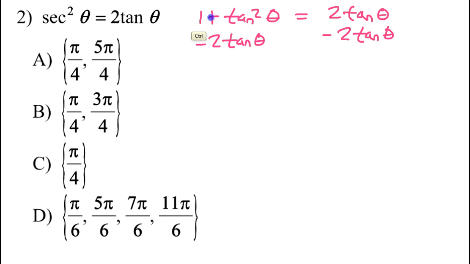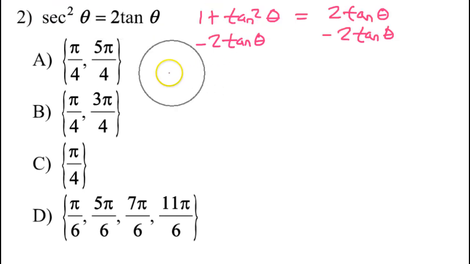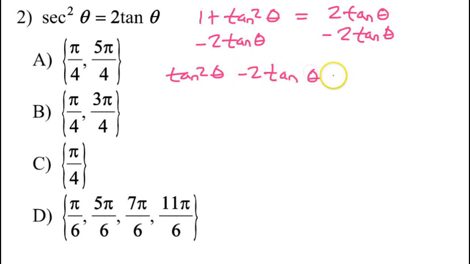Alright, and I'm also going to rewrite this in the other order. I'm going to put tangent squared first. So this will become tangent squared theta minus 2 tangent theta plus 1 is equal to 0. So this is really a trinomial that will probably be factorable.